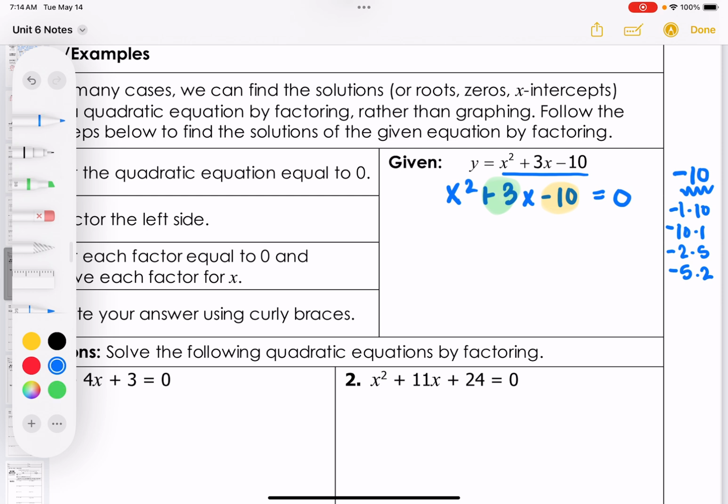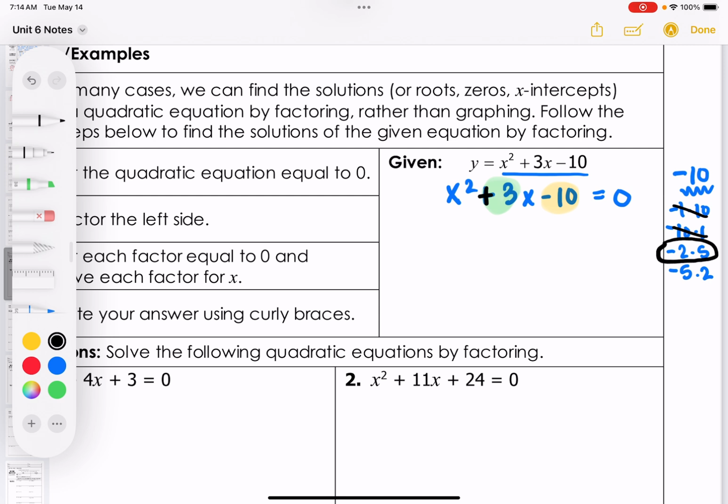Negative 1 plus 10 is not 3. Negative 10 plus 1 does not give me 3. Negative 2 plus 5 gives me 3. And negative 5 plus 2 gives me negative 3. Since there's a plus sign right there, we want a positive 3. So I'm going to use negative 2 and positive 5.